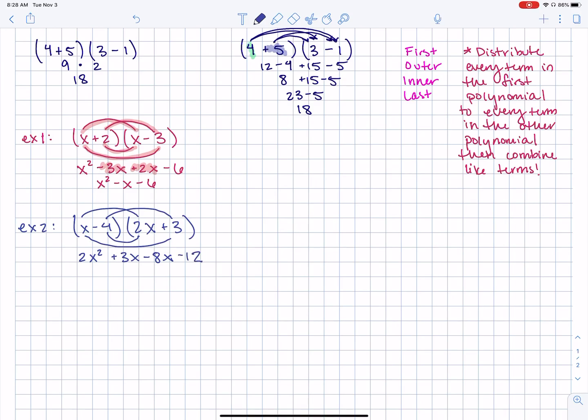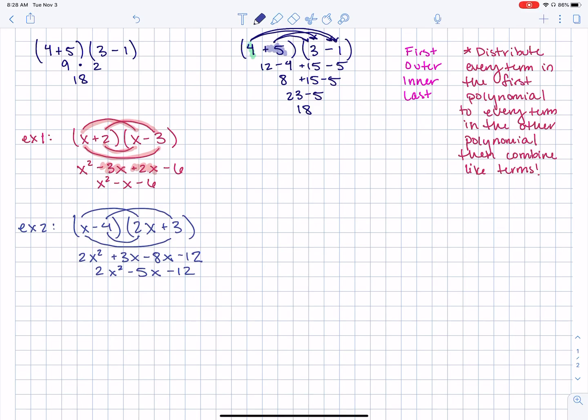Then, of course, combine your like terms here. So for this one, we have 2x squared, and then a 3x minus 8x minus 5x minus 12. And that's as simple as we can get for this one.